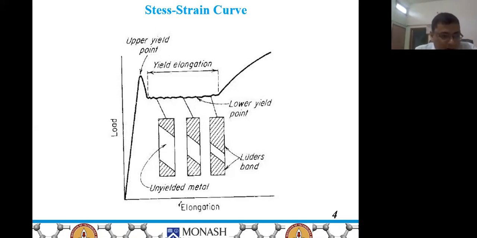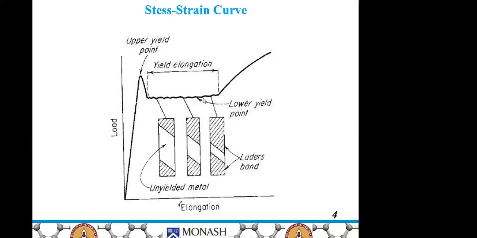After the Luder bands have propagated to cover the entire length of the specimen, the flow will increase with the strain in the usual manner, and this marks the end of the yield point phenomenon. So here you can see at the lower yield point, we have yield elongation.